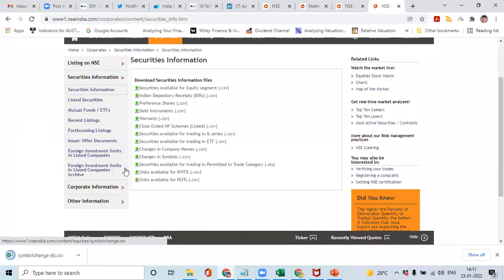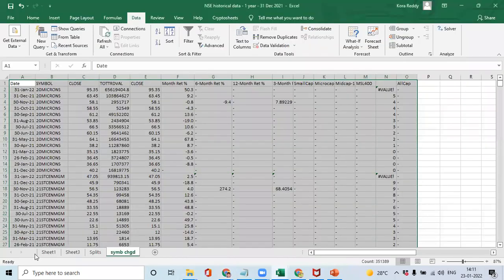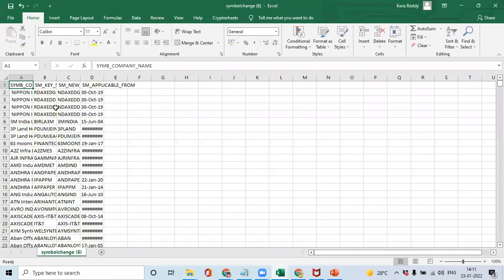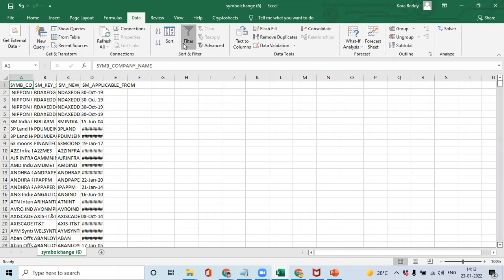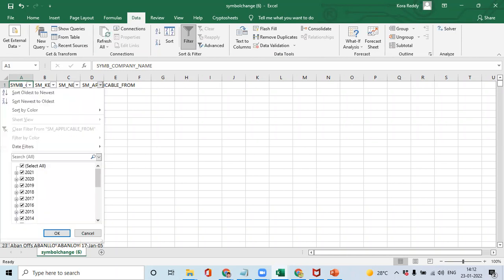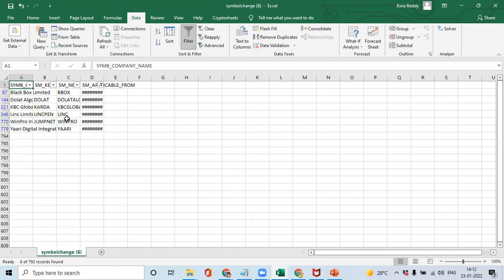Download this file. This will give you the entire history of all the symbols. I am not interested in whatever happened earlier. I'm interested in only this month. There's nothing that happened in this month, right? Last month there were a few symbol changes like this.